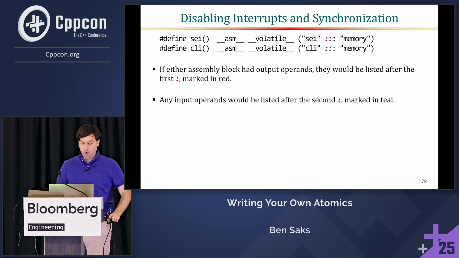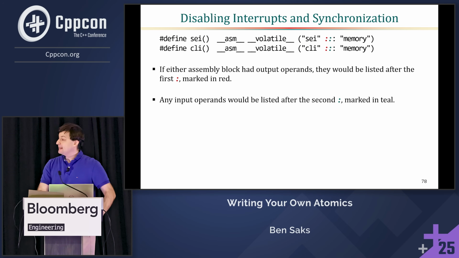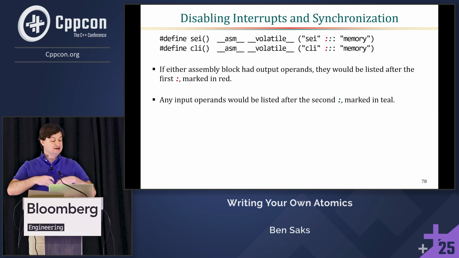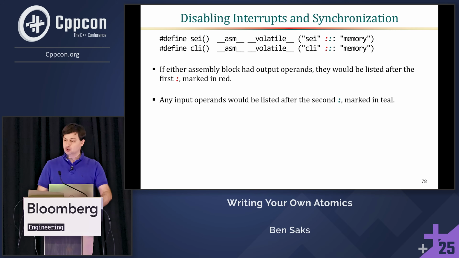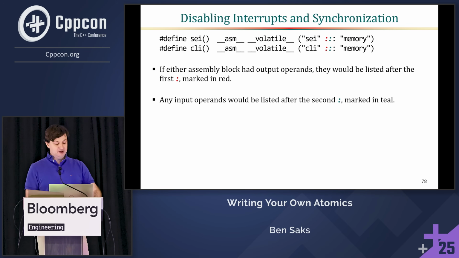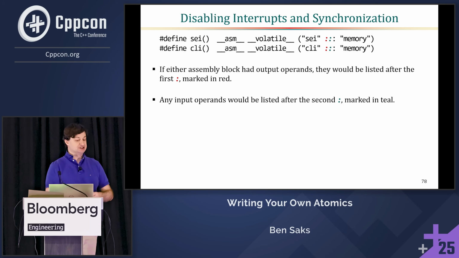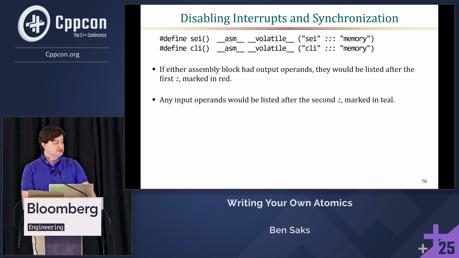There are those three colons there. As it happens, these assembly instructions don't have any output operands, but if there were any, they would be listed after that first colon, the one that's shown in red here. And then if there were input operands, they would be listed after the second colon, which is shown in teal here.